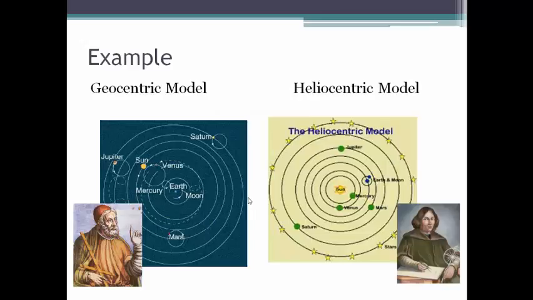Okay. So take the example of Ptolemy's geocentric model and Copernicus's heliocentric model. This is an example that comes from your book. During the time of Galileo, both theories were out there, and different individuals cited different kinds of evidence in support of the different views.